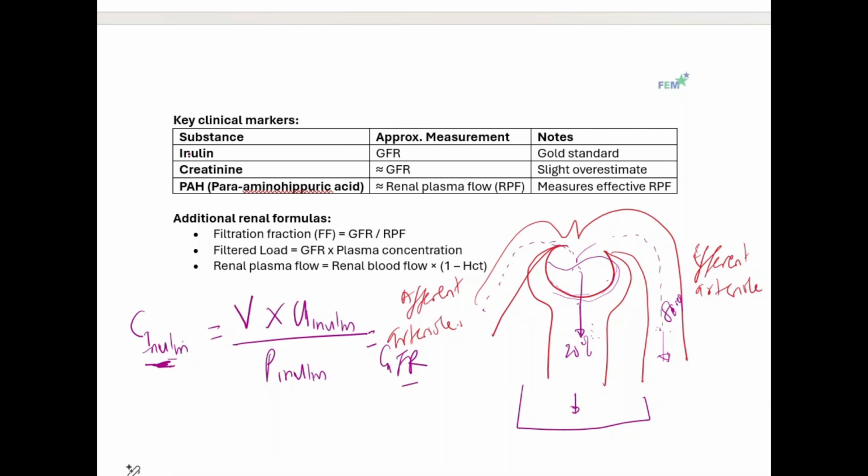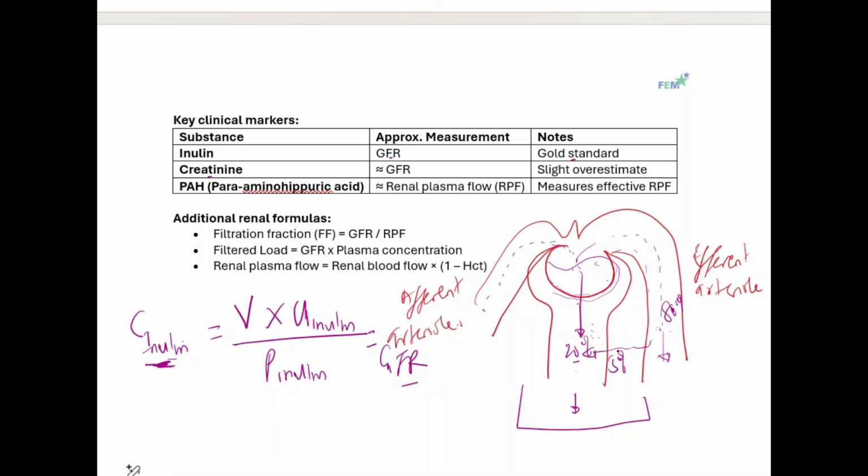So that's why we use the clearance of inulin to determine the glomerular filtration rate, and that's the gold standard. The other thing that we could also use is creatinine. But if you remember, once you filter about 20% of the creatinine, the filtration fraction, about 5% from the remaining 80% is going to be secreted.